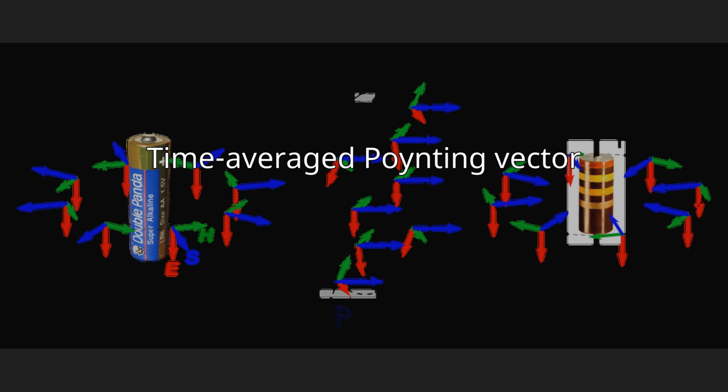The equivalence of Sm to the time average of the instantaneous Poynting vector S can be shown as follows.